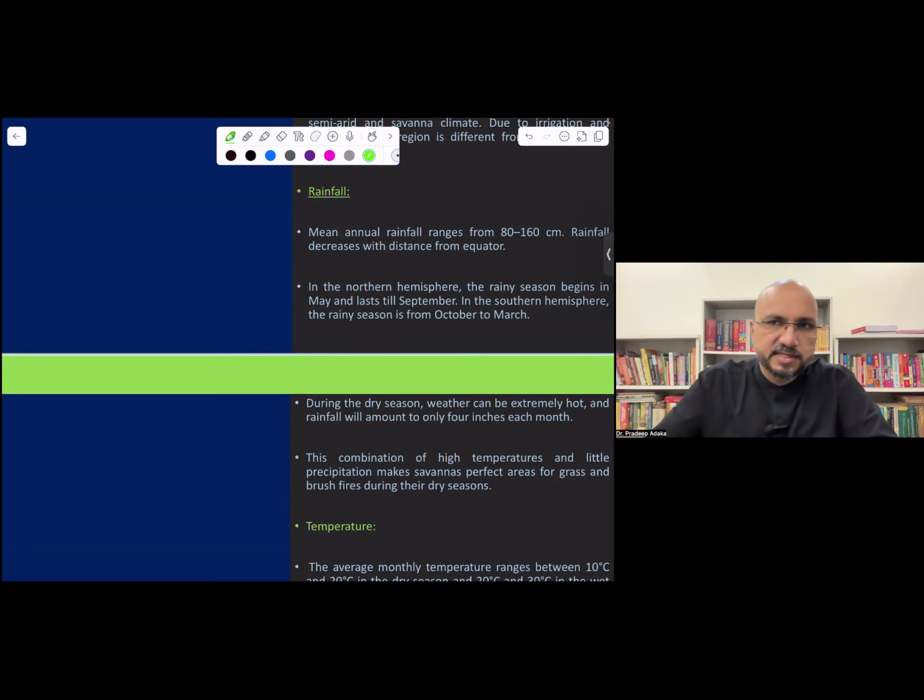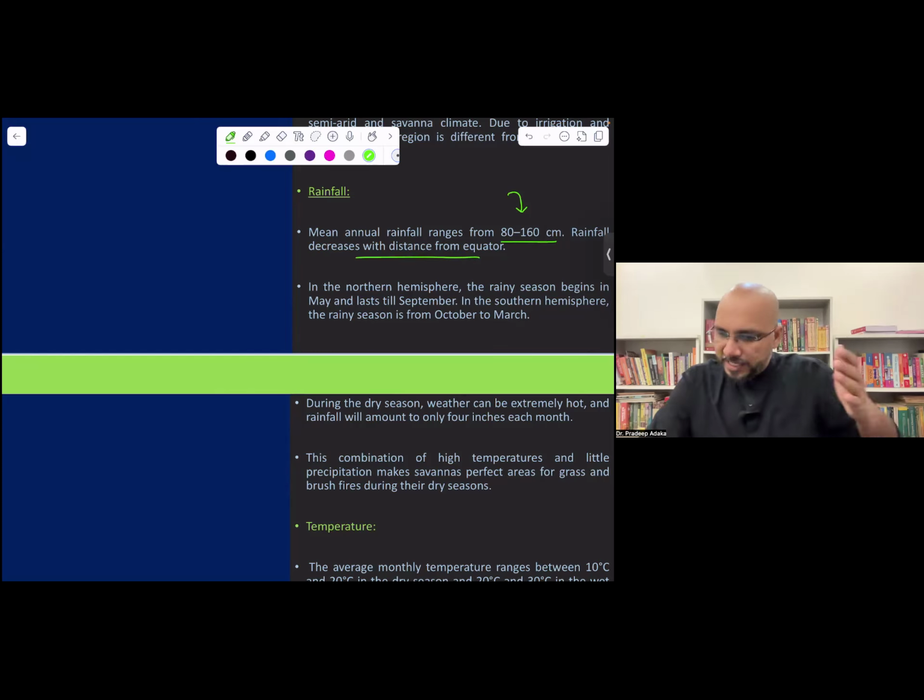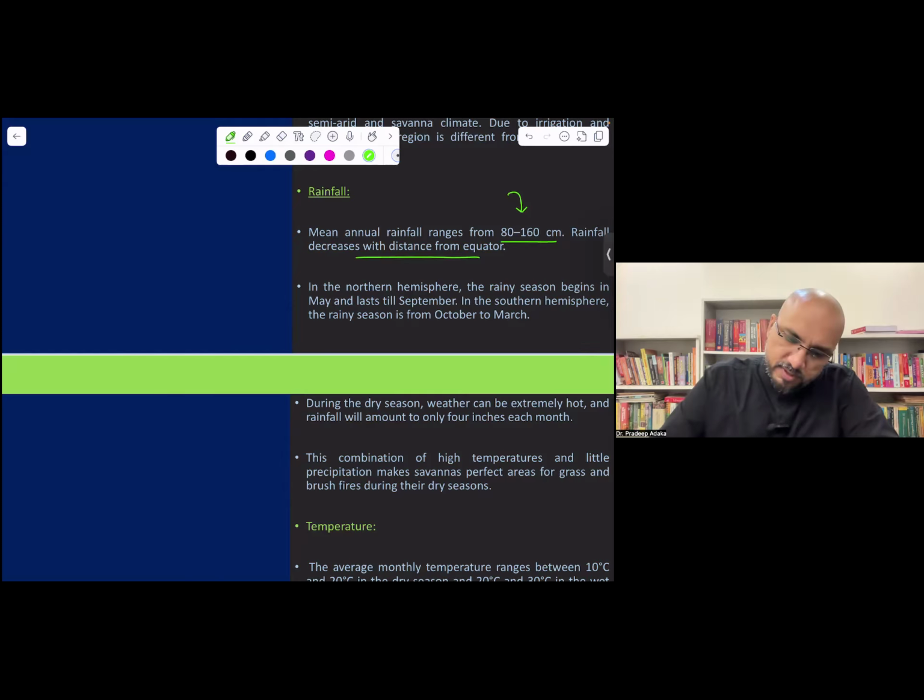So what are the other characteristics of savanna grassland? The rainfall is very less, 180 to 160 centimeter, and rainfall decreases with distance from the equator. So as you go away from the equator towards the Tropic of Cancer or Capricorn, the rainfall will reduce. In the northern hemisphere, the rainy season begins in May and lasts till September. In the southern hemisphere, October to March.